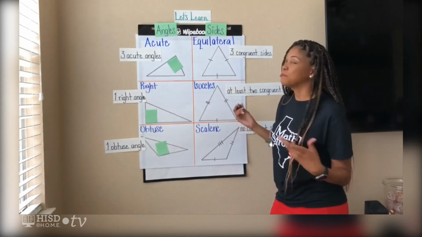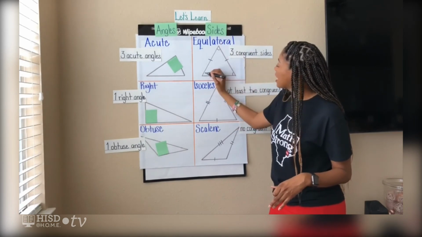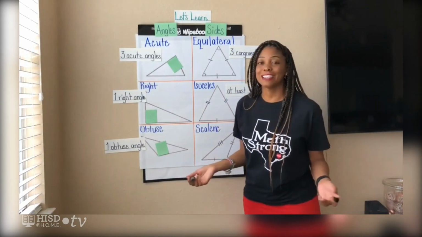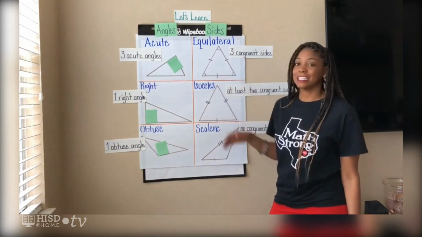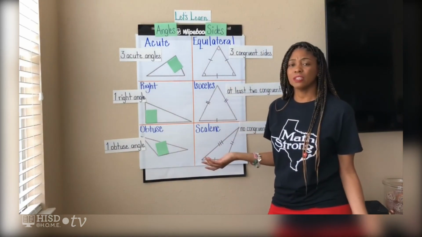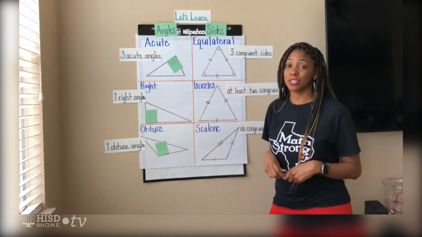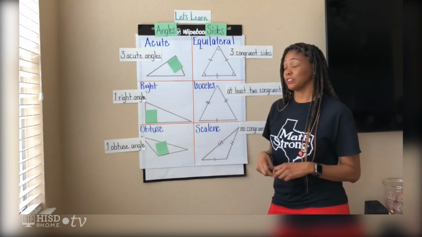We're going to go ahead and put those markings here. If it's equilateral, all the angles have to be the same size because all the sides are the same size, which means that none of them can be larger than 90, and none of them can be 90. So they're always going to be acute. So equilateral triangles are always going to be acute triangles.